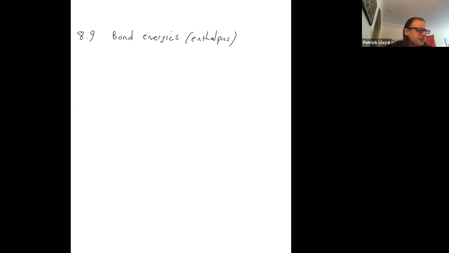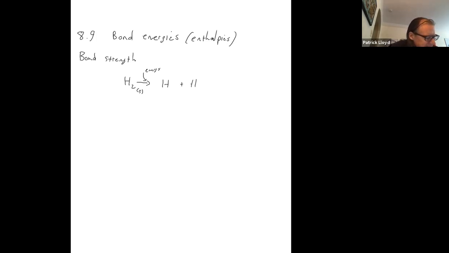Okay, so here's the idea. We talked about bond strength earlier in the week and last week. It is possible to take a molecule and, in the gas phase, put in energy to break it into individual atoms.